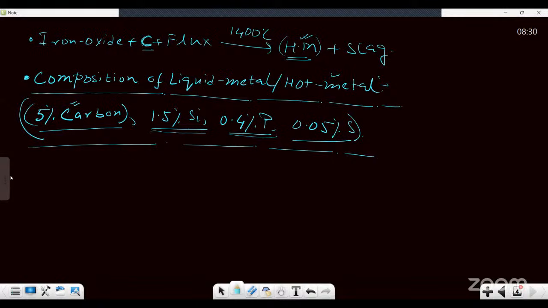Basically, I can say that when we reduce the iron oxide, silicon and phosphorus are reduced: silicon from SiO2, and phosphorus from P2O5. They will come into the hot metal.